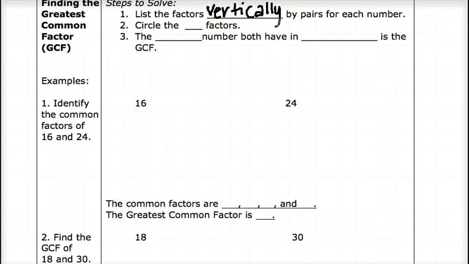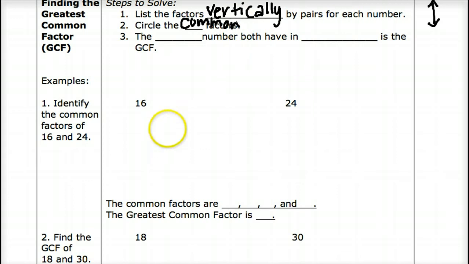And as you'll recall, vertically means top to bottom. The second step is going to be to circle the common factors. So the numbers that both charts have in common are the common factors.